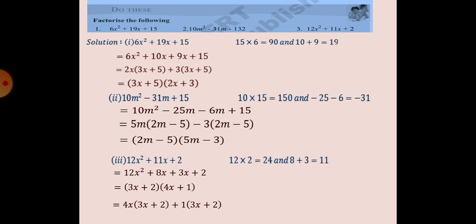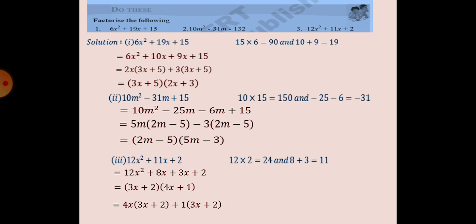When we take out 2m minus 5 common, in the first term 5m remains, in the second one minus 3 remains. So, the factors are 2m minus 5 into 5m minus 3. Thus, the polynomial 10m square minus 31m plus 15 is obtained by multiplying 2m minus 5 and 5m minus 3. That's why these two are called the factors of the above polynomial.